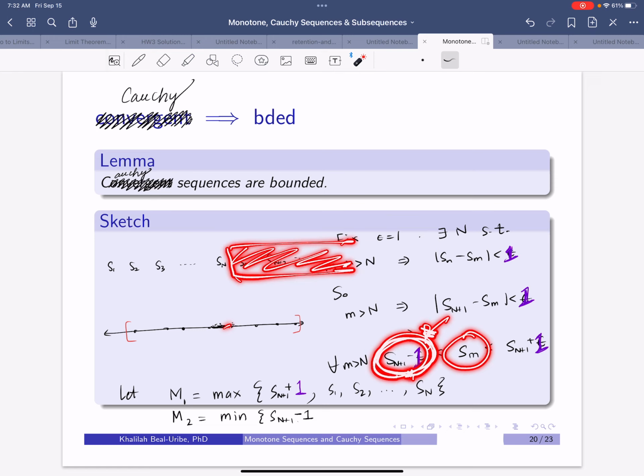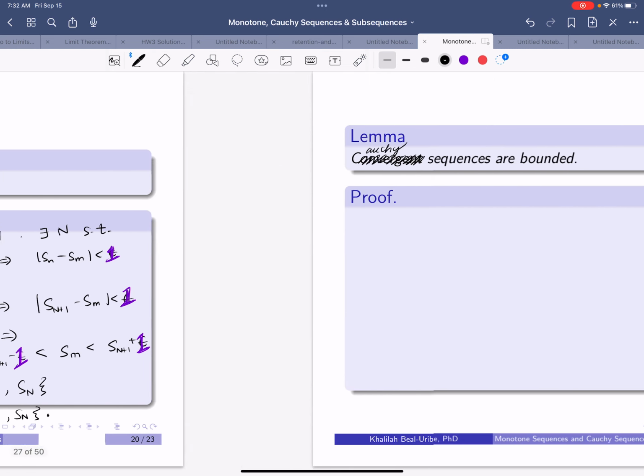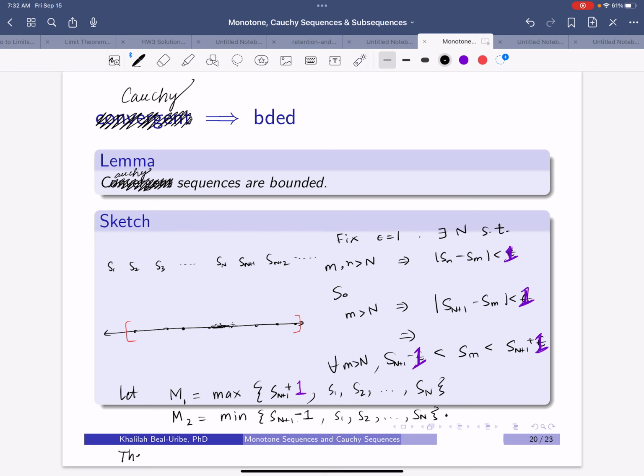So a lower bound will be the minimum of this number and all of these numbers. Okay, and then we'll say for all n in N, M2 is less than or equal to Sn, less than or equal to M1. Okay, so we have a lower bound and an upper bound, and that's equivalent to saying that my sequence is bounded.